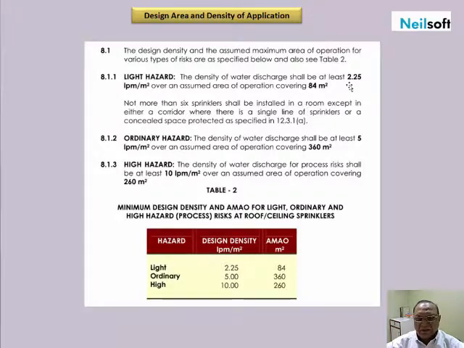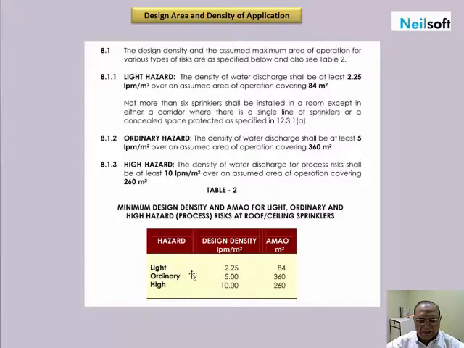That is the main difference between the light hazard and ordinary hazard sprinkler design systems. Similarly, for the high hazard, we have a different requirement, which requires 10 liters per minute per meter square covering the area of 260 meter square.